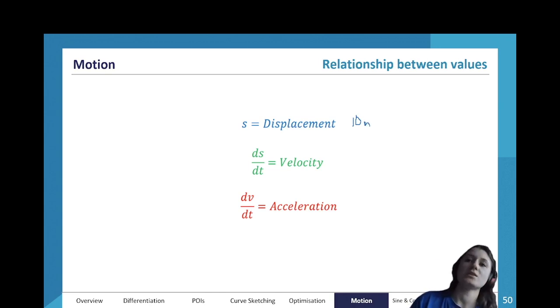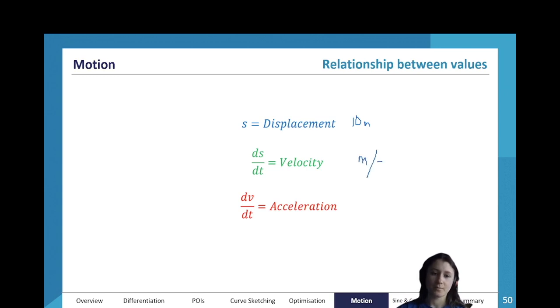Your velocity when you traveled is in meters per second. So that's why we have the measure of displacement over the measure in time. Displacement over time.